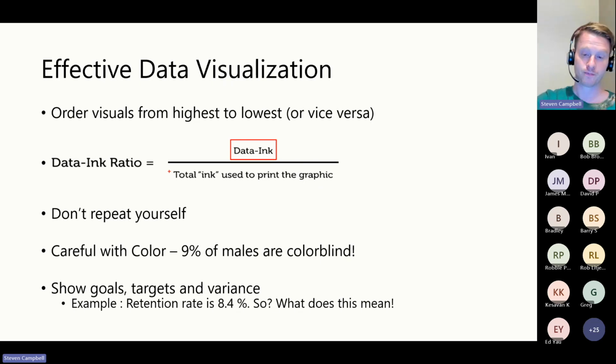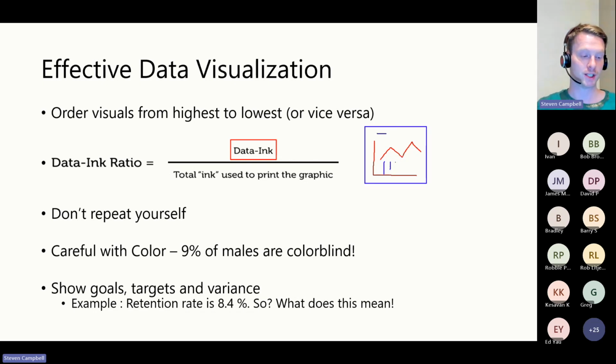So a good example is if we had a line graph like this, and then we had a line, this all in red would be the data ink, because the axis tells us the numbers, the lines actually show the data. Things like titles, things like grid lines, right? If we have grid lines like this, or things like if we put a border around it, these are all things which we're just trying to make the graph look prettier.